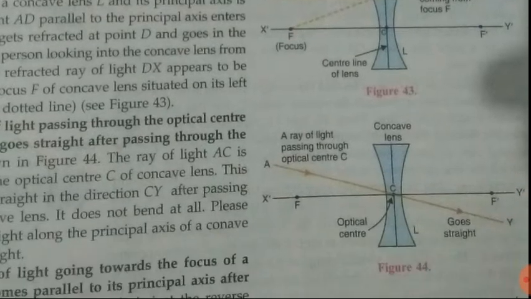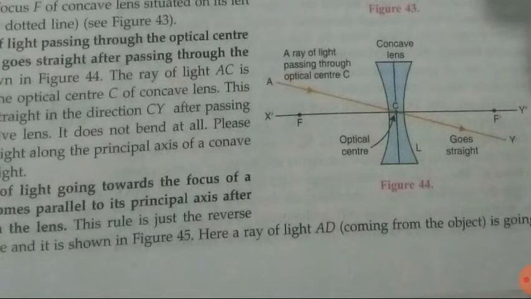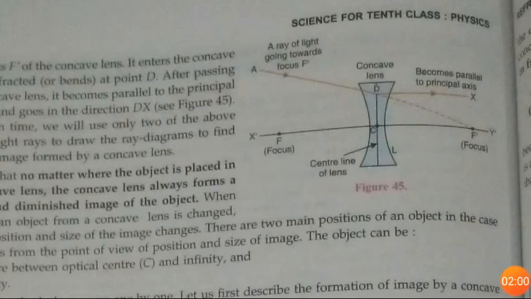Then we have the second rule. When the ray is passing through the optical center, it will pass simply without refraction in that same straight line. Then we have the third rule. Here you can see that the third rule says that when the incident ray is coming from focus, after refraction it will pass parallel through the principal axis.